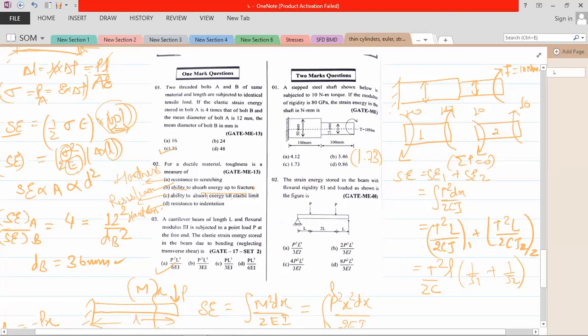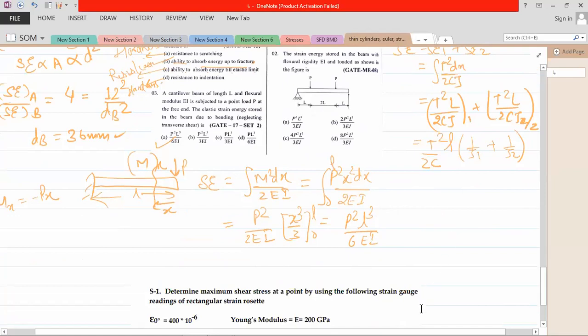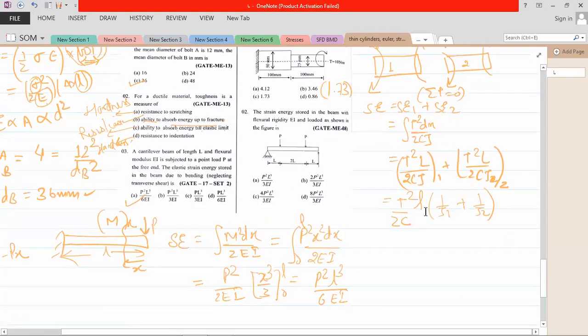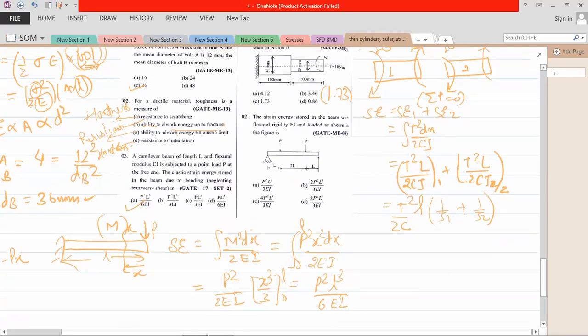Now the strain energy stored in a beam with flexural rigidity EI and loaded with these forces. What is the strain energy stored in this bar? They are asking about this. For this question we do the same thing. Your P and P are acting at different points.